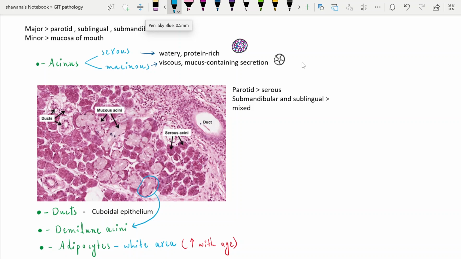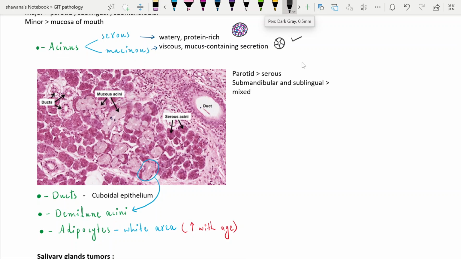But mucinous is more empty than the serous acini. The parotid gland is almost entirely serous, while other glands like the submandibular and sublingual are mixed, meaning they contain both serous and mucinous acini.